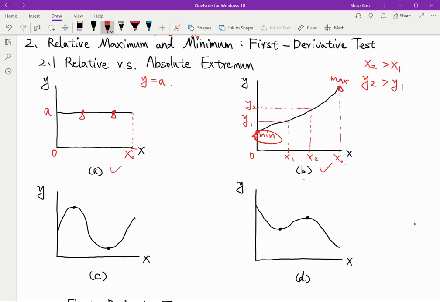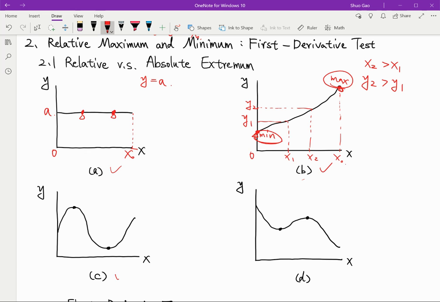There's no point on the function that is less than this one. And the maximum here is also called the absolute maximum because it's the maximum value for all the y values in the domain from 0 to x0. So this is called absolute extreme.